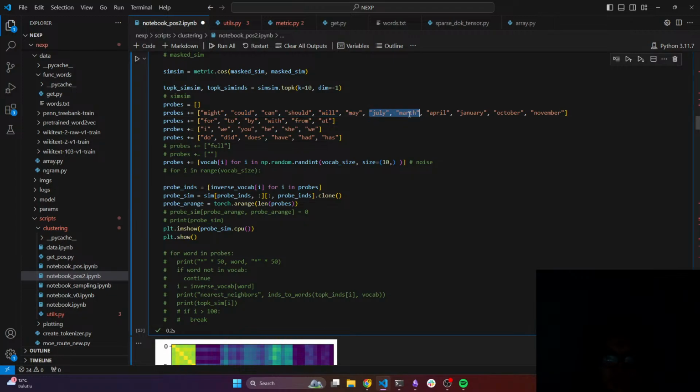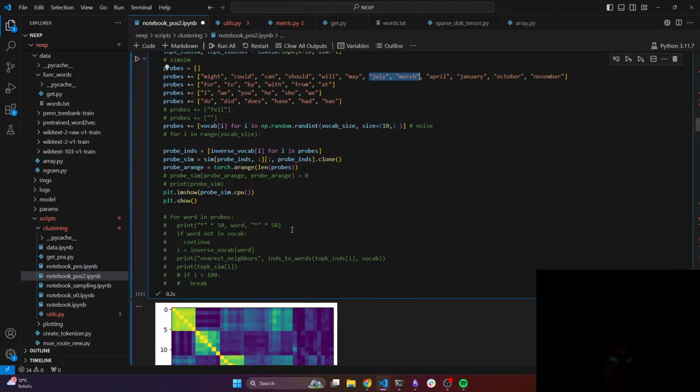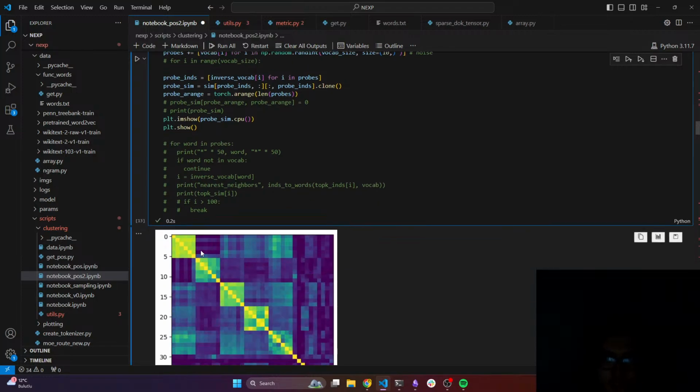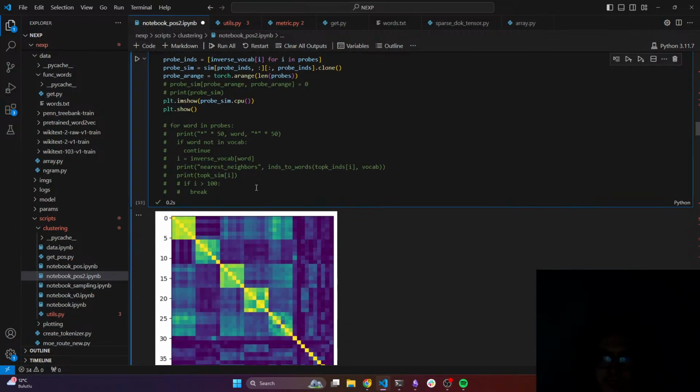So this is clearly a very robust cluster, and the second is also a pretty robust cluster. It's interesting that the modal verbs and these month of the year words are not very similar, because this area is pretty dark. Now what about May? Because May should belong to both categories in theory.